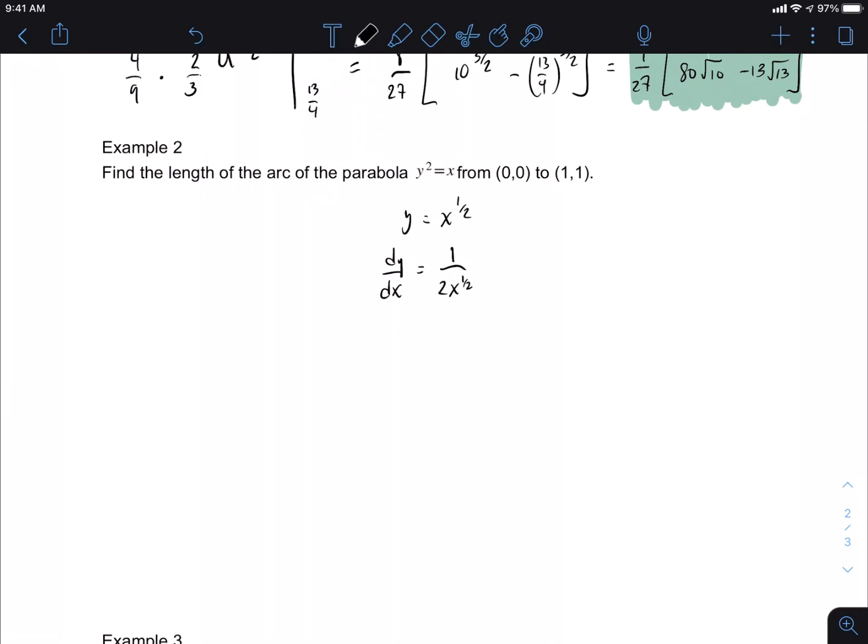I'd have an integral from 0 to 1, because we're talking about the x's, of 1 plus 1 over 2 x to the 1/2, this quantity squared, dx. That gives me the integral from 0 to 1 of 1 plus 1/4 x dx. Does that look like something that's easy to integrate?